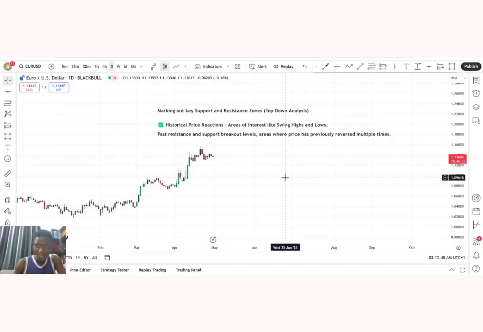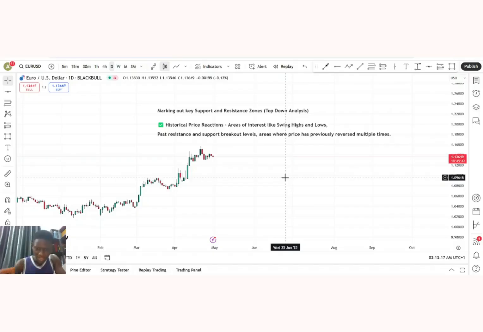Let's say for example we're in a room. Depending on the structure of your room, you might have a kind of ceiling. That is a kind of resistance over you. You cannot go above that point. And where you are standing or sitting, there's a base that is supporting you, and that base is what we call support.